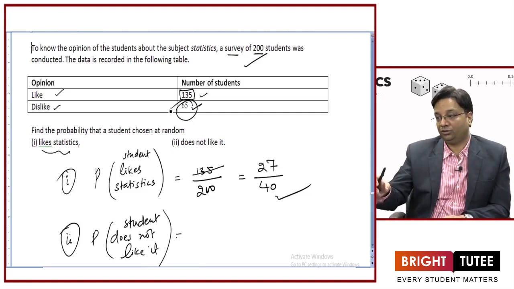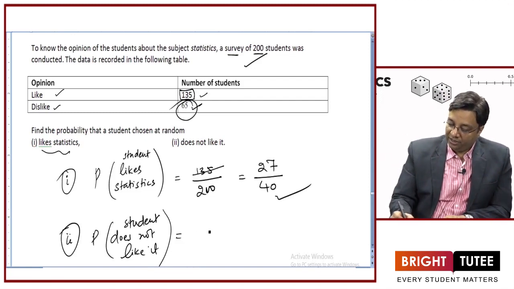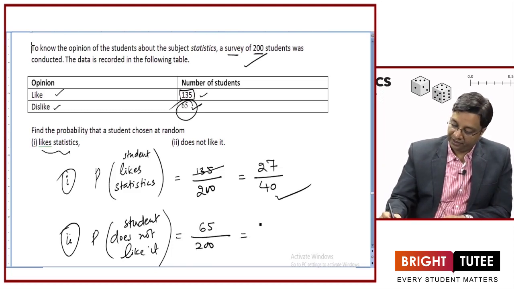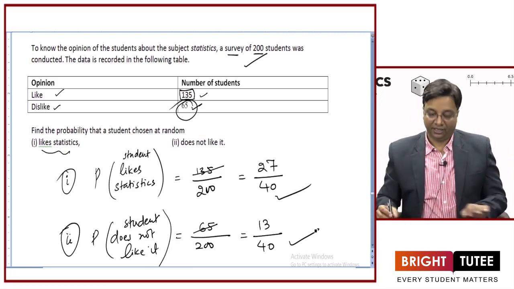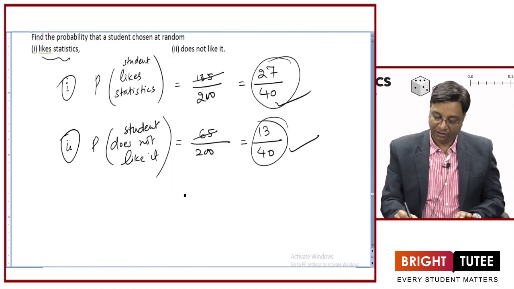So, if you choose a student at random out of these 200, the probability will be 65 upon 200. So, it will be 13 by 40, and if you check the sum of these, it will be equal to 1. The sum of these probabilities will be 1.